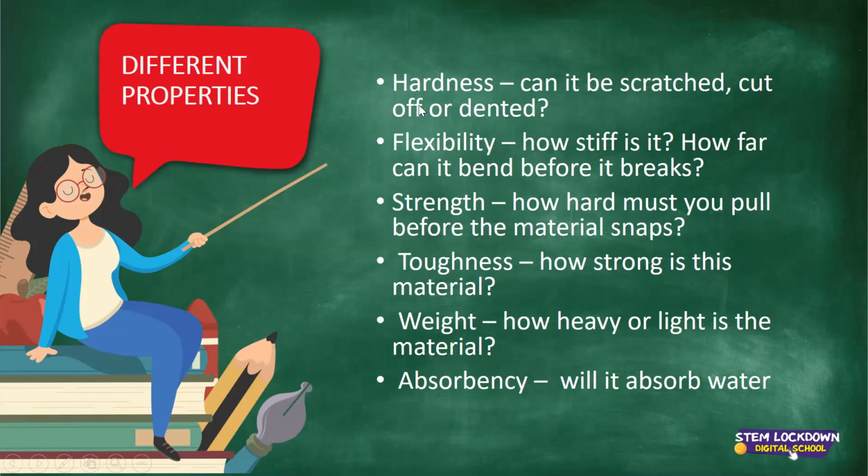So the first one, hardness, it means that when you are holding a material, for example, a cell phone, and it says that the property includes hardness, it means: can it be stretched, cut, or dented? Hardness means that it's very strong, it's very rigid.